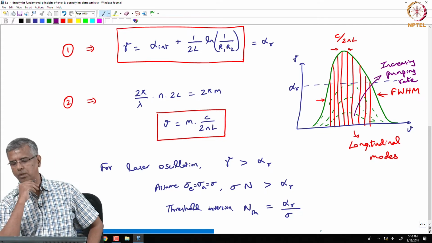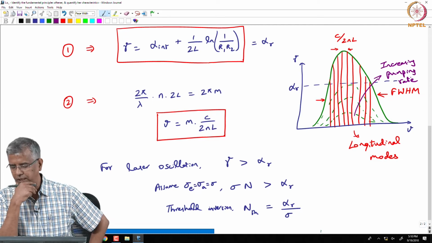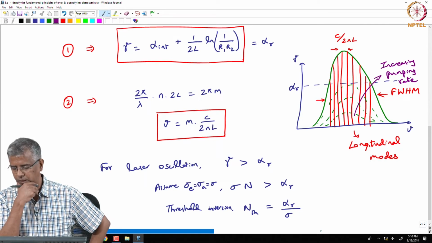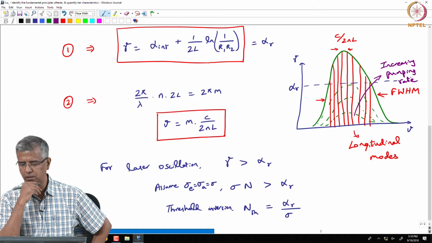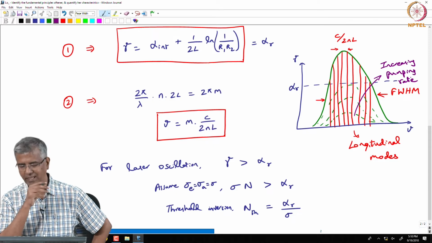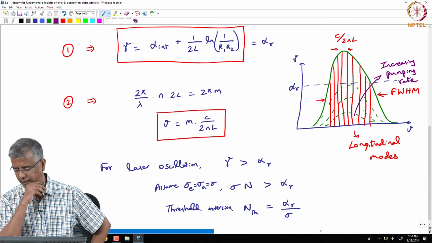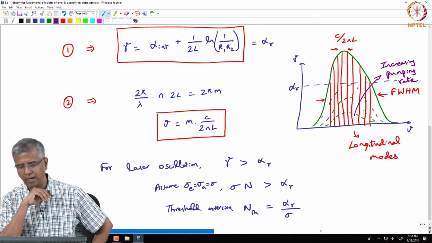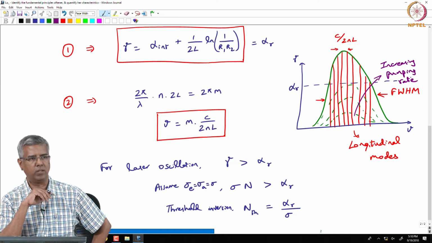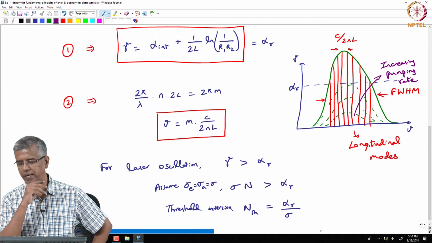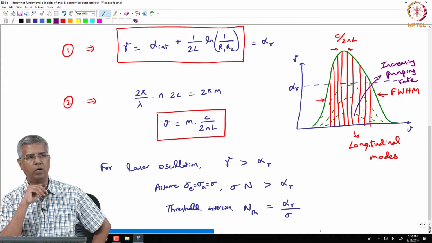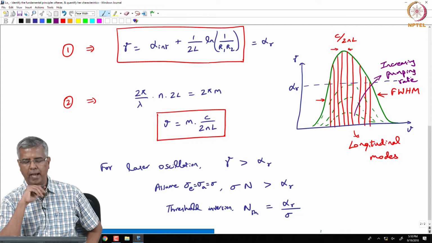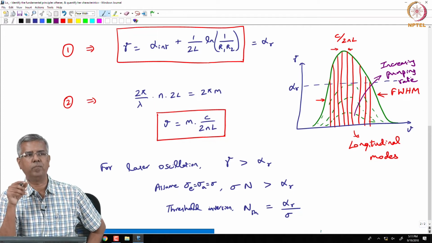And now let us see if we can express this in terms of a slightly different quantity, rather than looking at alpha r, which is the resonator losses. Let us look at it from a perspective of the average lifetime of a photon.